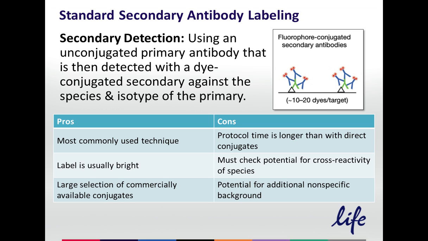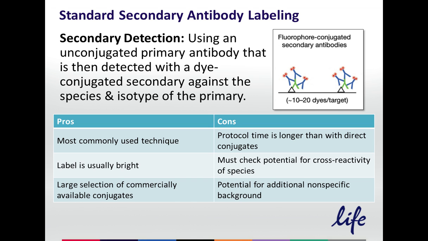For secondary antibody labeling, this is where you have your primary antibody, which does not have a dye on it. So you label your cells with your primary antibody, which is unconjugated. And then you come in with a secondary antibody that has a dye on it.